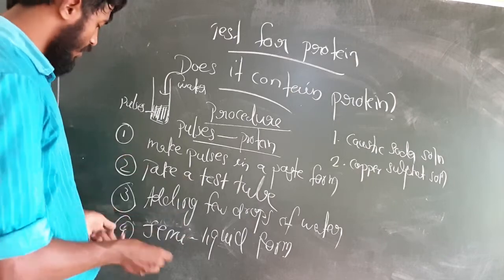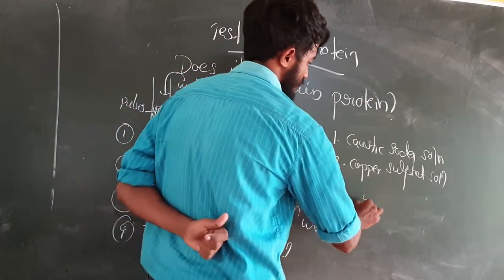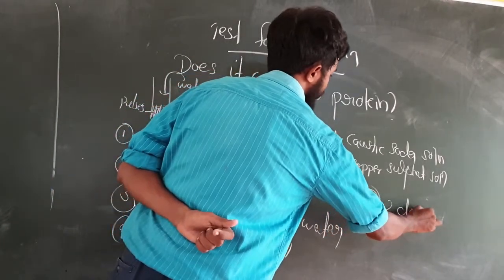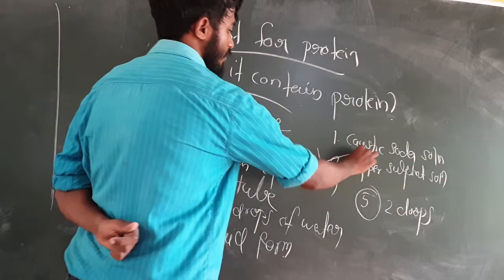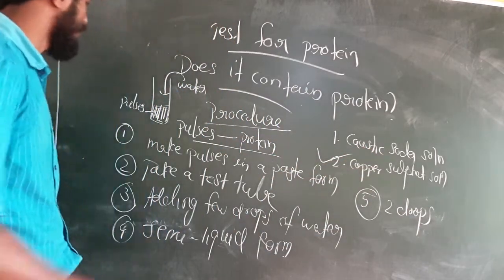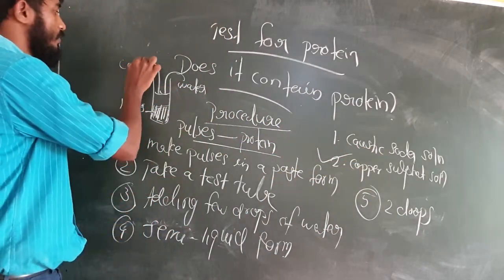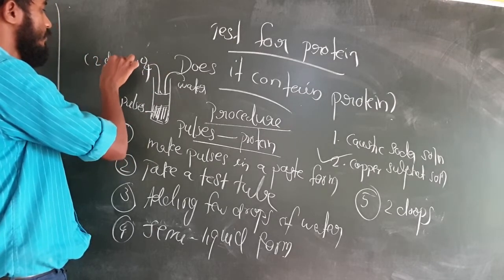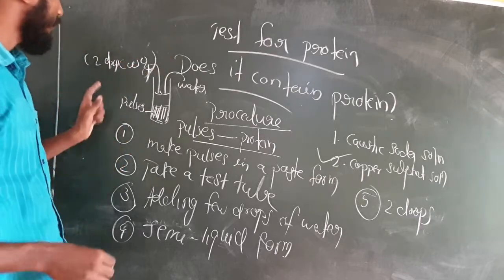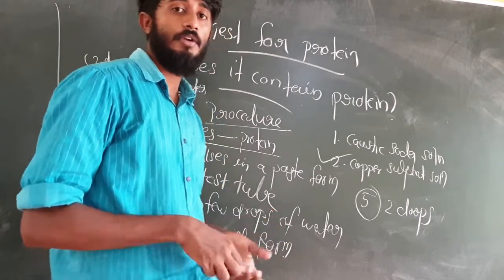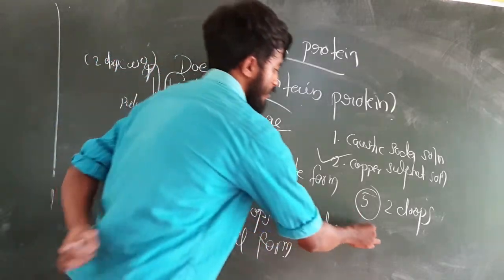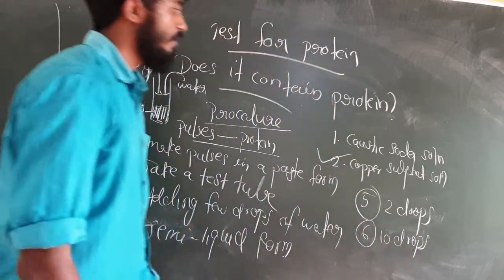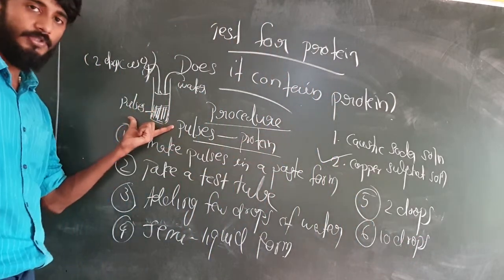Now after this, we are adding 2 drops of copper sulfate solution to that test tube, and after that 10 drops of caustic soda solution we are adding to this.